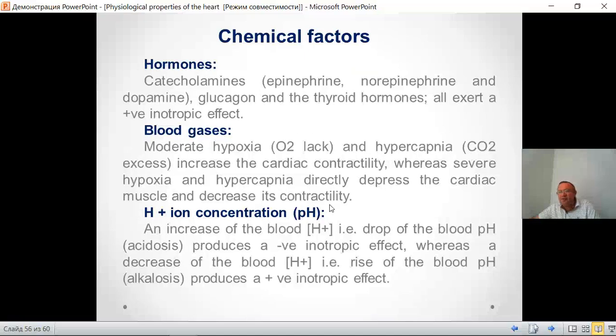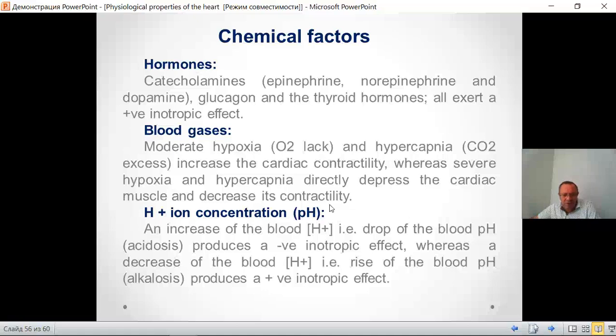Chemical factors. Different hormones, catecholamines, epinephrine and norepinephrine, and dopamine, glucagon and thyroid hormones all exert positive inotropic effects. Blood gases: moderate hypoxia and hypocapnia increase cardiac contractility, whereas severe hypoxia and hypocapnia directly depress the cardiac muscles and decrease its contractility.